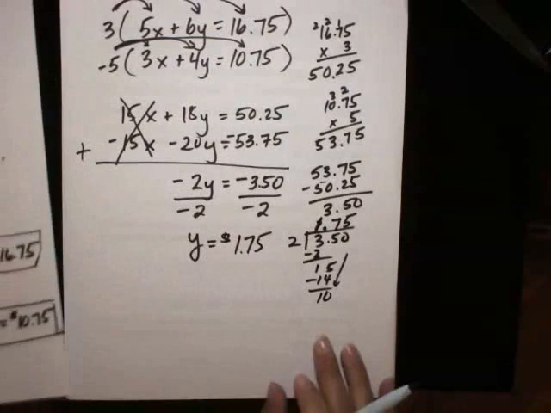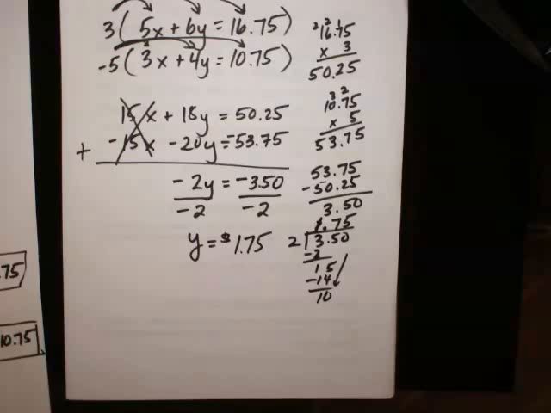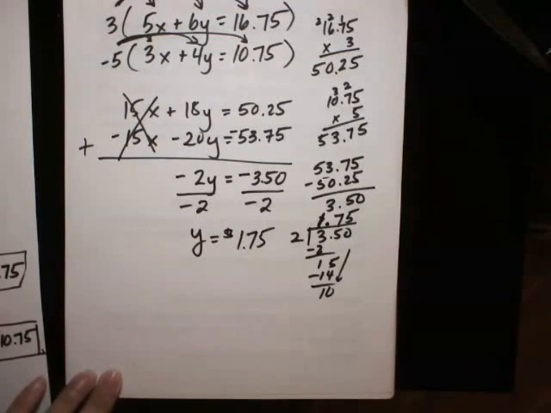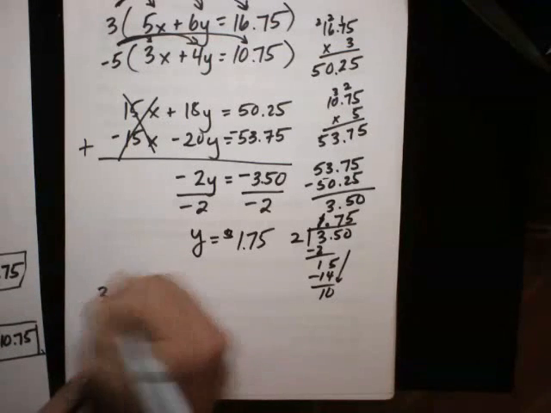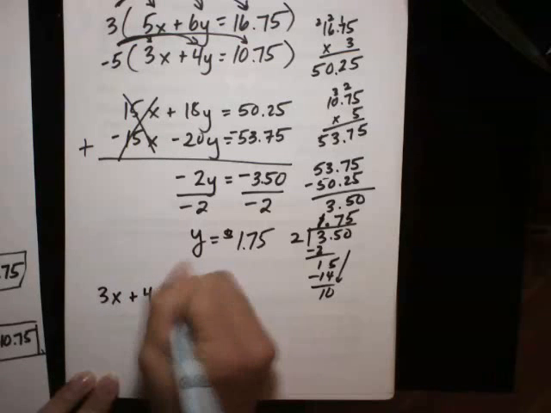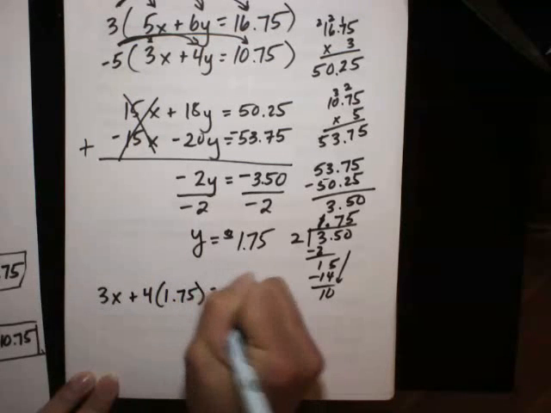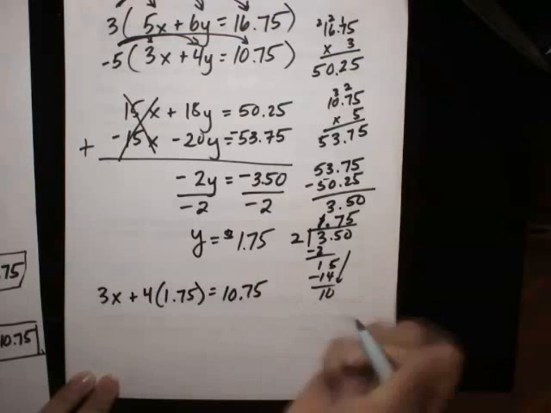Okay, so once we find y, though, we need to find out what x is. In order to find what x is, I'm going to plug it back into one of my original equations. Let's plug it into 3x plus 4 equal to 1075.